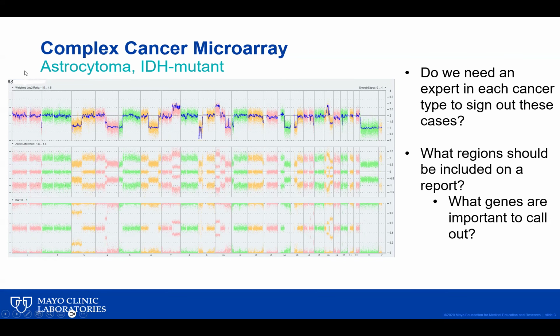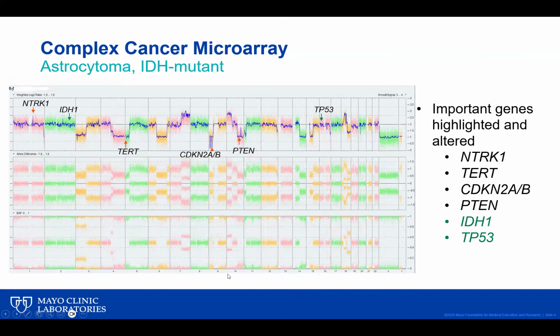This is an example of an astrocytoma, IDH mutant. It's a fairly complex genome. When we added a gene list on top of this, we were able to see some important genes or identify some important genes. You can see these green arrows are at normal copy number state. B allele frequency looks normal.